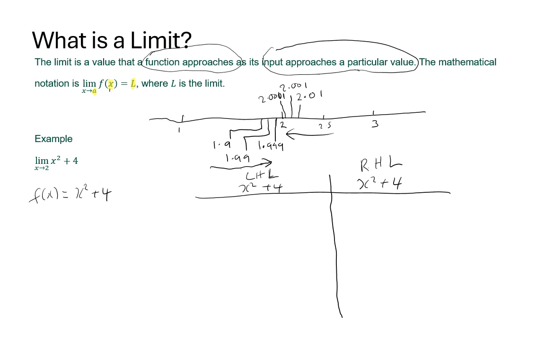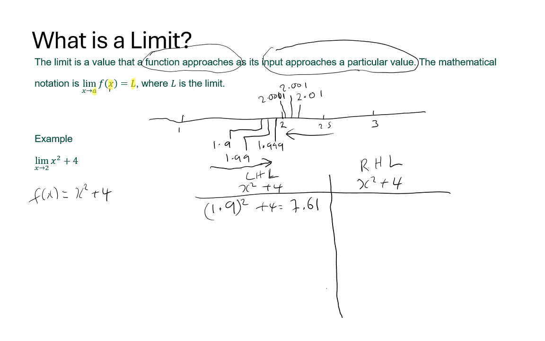At 1.9, in our function x squared plus 4, we remove x and substitute 1.9. So instead of x, I'll have 1.9 squared plus 4. If we calculate this, 1.9 times 1.9 plus 4, this gives us 7.61.